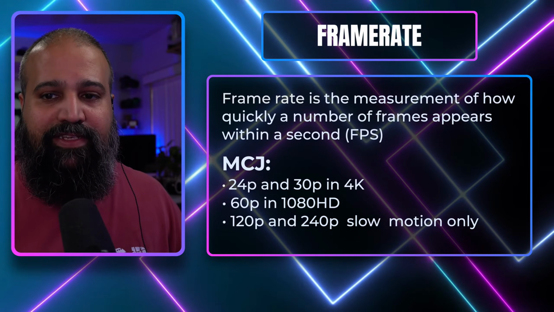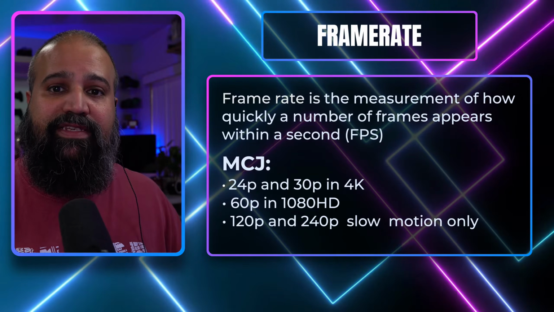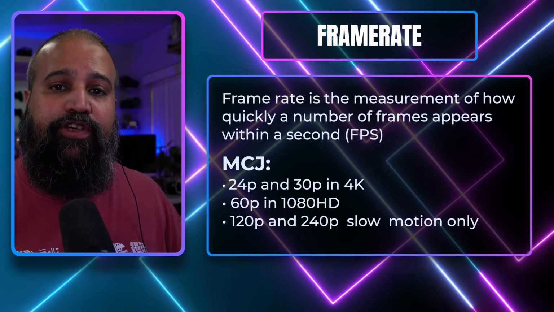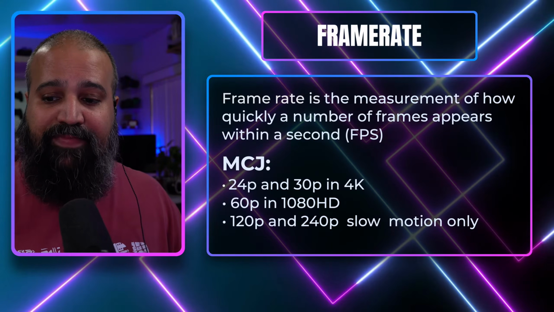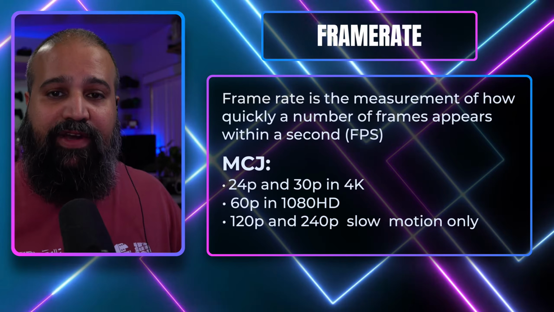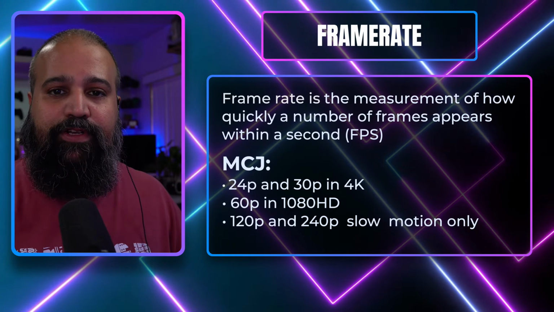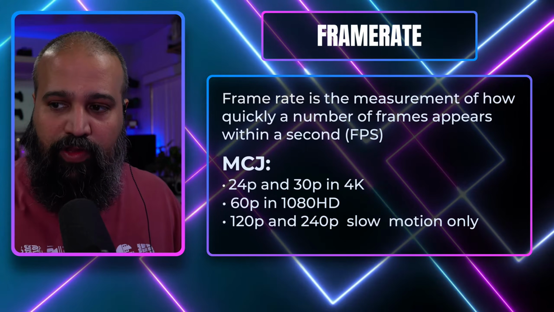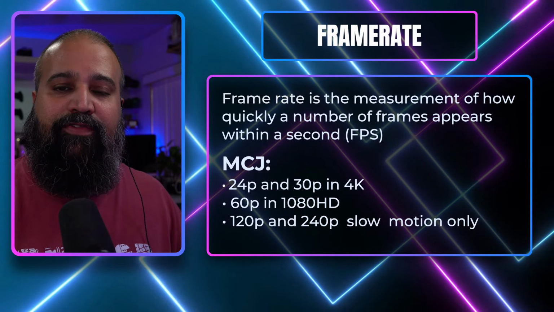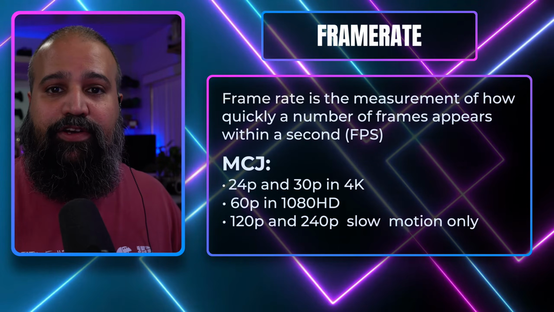So let me correct myself. Your frame rate is still subject to your shutter speed, because if you don't have that correctly synchronized, then your frame rate can only produce what you give it. It will only pump out the amount of frames that you've set your shutter speed to.